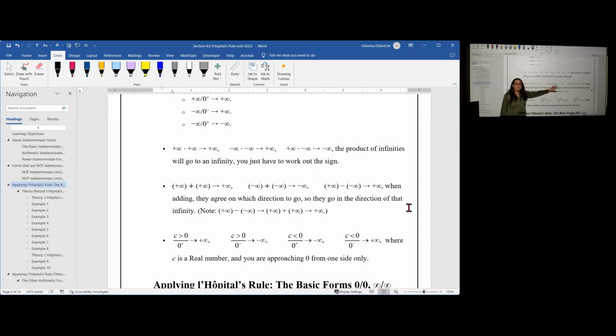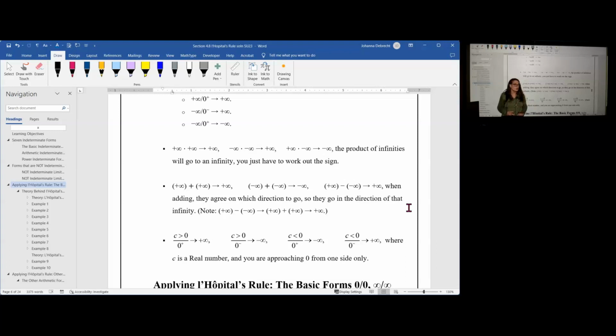If both functions want to go to negative infinity, it will go to negative infinity. If one wants to go to positive infinity, but you subtract one wanting to go to negative infinity, the double negative makes them both positive, so it approaches positive infinity again. In none of these cases do they have opposite signs.